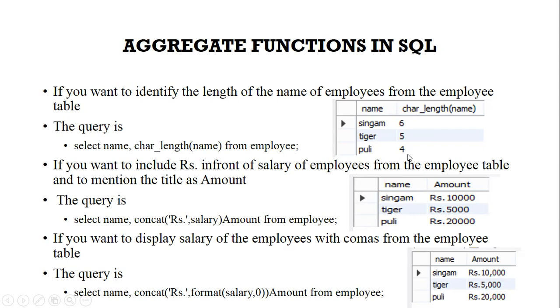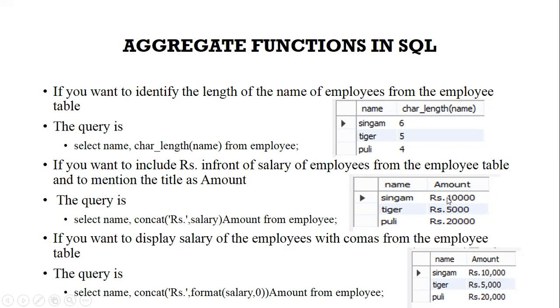And if you want to include the rupees RS, which is the Indian currency symbol representation, in front of salary of employees from the employee table, and to mention the title as amount, you can mention the query as select name, comma, concat of, within the apostrophe you have to mention RS dot, then comma salary amount from employee.